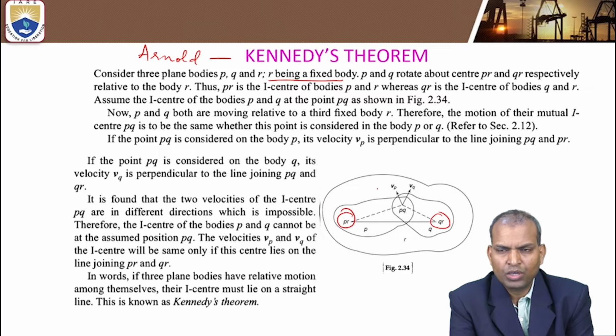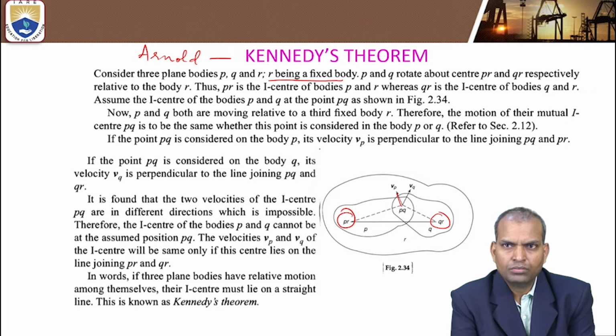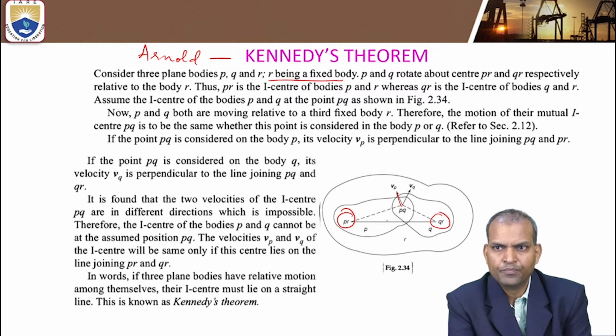This PR and QR, their direction of velocities are here VP and VQ. Okay, both are rotating. Now, the PR is the eye center of bodies P and R, whereas QR is the eye center of bodies Q and R.